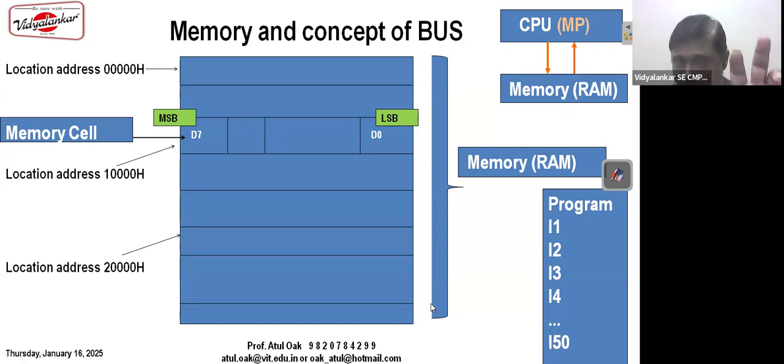First address bus, then control bus, and then data bus, because in this sequence your buses are used. Where to go, identify the location. Do you want a read or write operation, control. And the actual instruction or data, that is data bus. That's the sequence. Now let's move on.